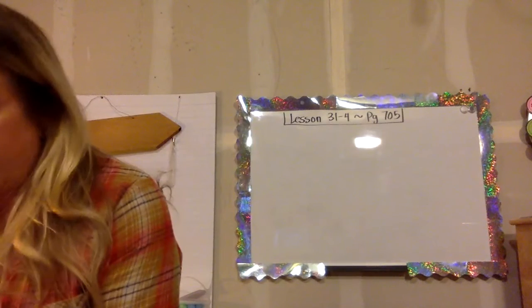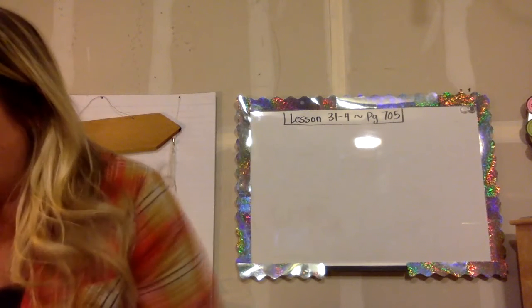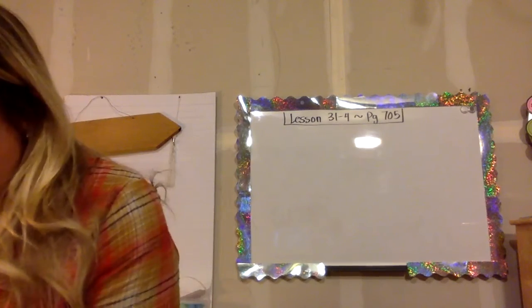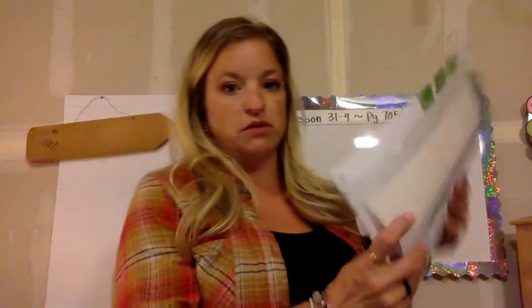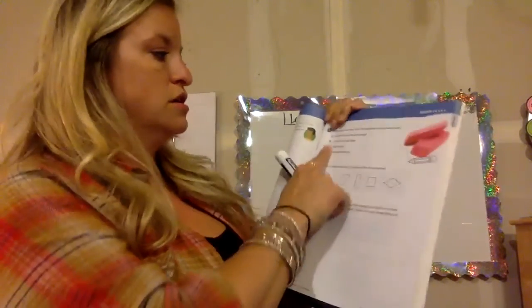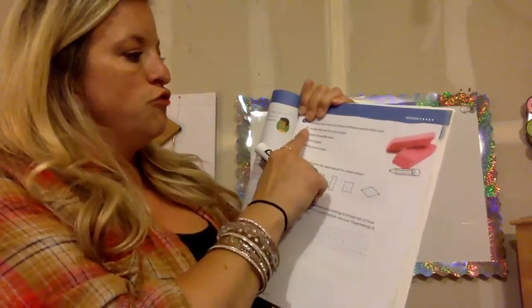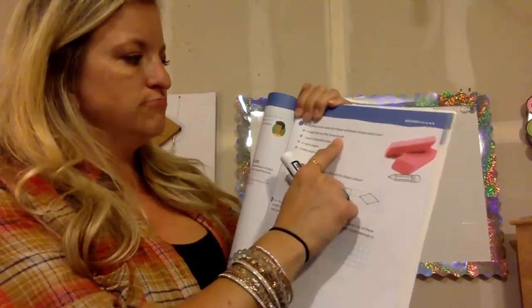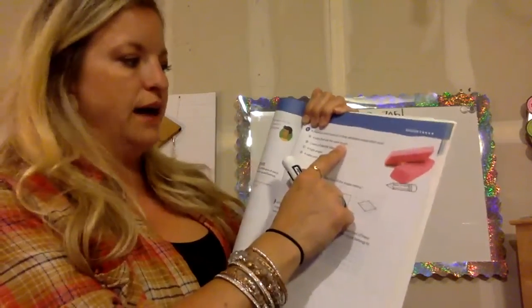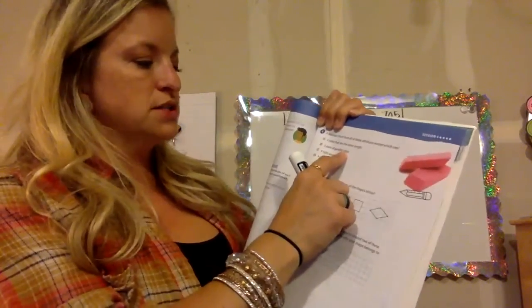Number 4, a rhombus must have all of these attributes except which one? Let's read them like we learned for our CMAS training, that we can use the process of elimination. You're only looking for the one that is not correct. 4 sides that are the same length? No, a rhombus has to have that, so it can't be A. 2 pairs of parallel lines?